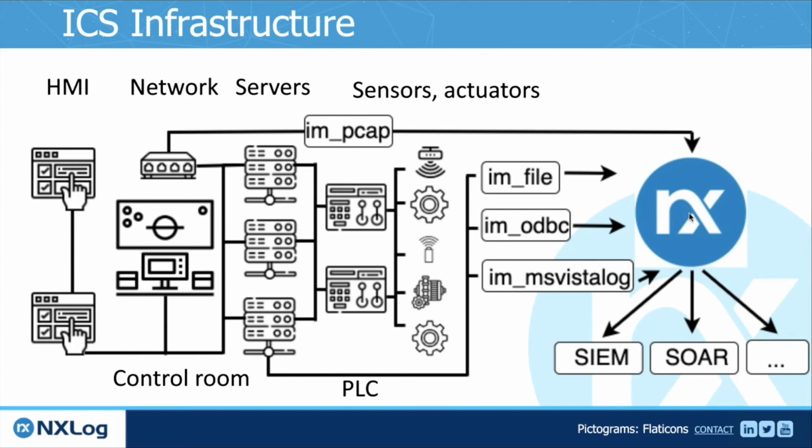It can be processed and sent to the desired tool. It can be a SIEM, SOAR, or any other monitoring tool that you'd like to use. And thanks to that, you can basically build a system which is going to be as bulletproof as it is possible using only software.